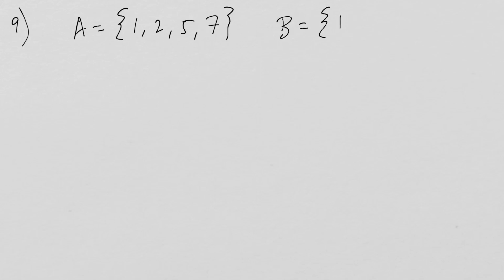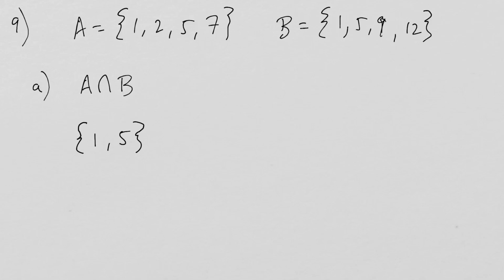Okay, number 9, they're telling you that A is equal to the set 1, 2, 5, 7, and B is equal to the set 1, 5, 9, and 12, and they want you for part A to find the intersection between A and B. So we're only looking at the things that they share in common, which are 1, they both have a 1, and they both have a 5.